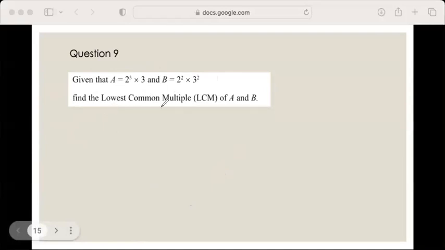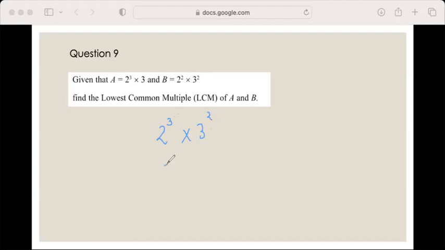Right, now you need to find the lowest common multiple. Right, so when you find the lowest common multiple, you take the highest of the factors. The 2 is a factor for both, but this is 2 cubed and 2 squared. So highest of 2 is 2 cubed. 3 is also a factor for both, 3 and 3 squared. So highest of 3 is 3 squared.